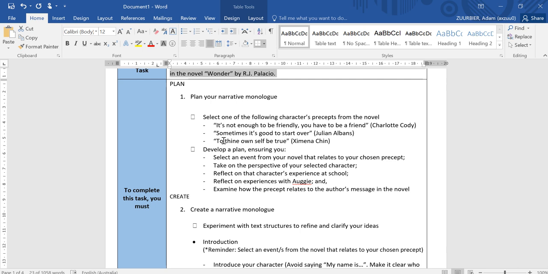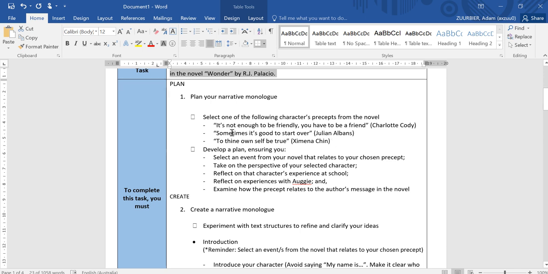And remember precepts from the novel? They're like rules to live by, or rules that are held to be true in life by different people. So for Charlotte, it's not good enough to be friendly, you have to be a friend. For Julian, sometimes it's good to start over, and Jamina, it is to thine own self be true.